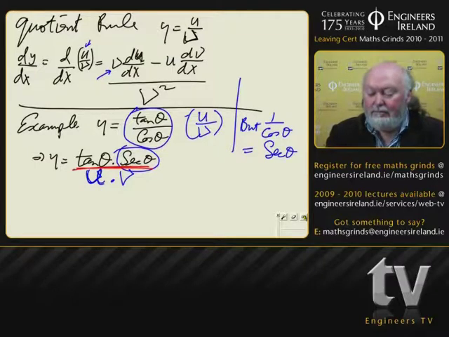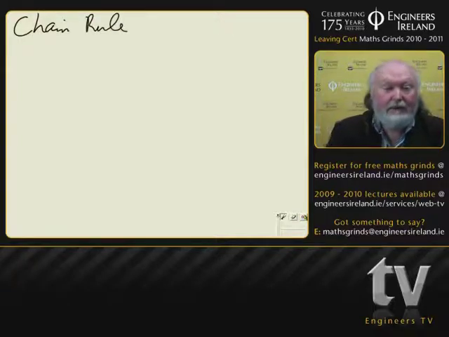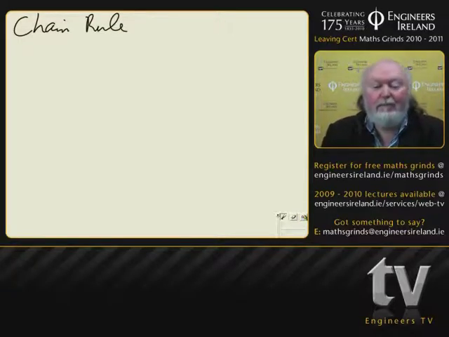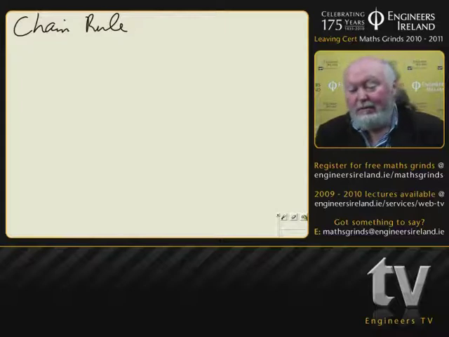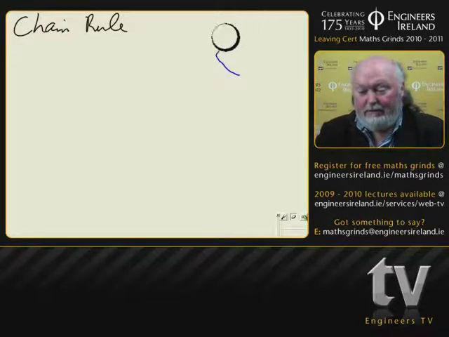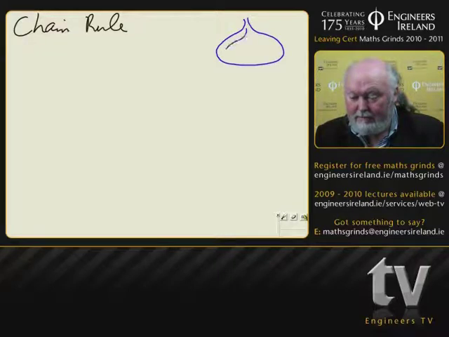The next rule that you have is the chain rule. This is very powerful, and it'll seem very stupid to you, but I always think of it by way of this little drawing here.